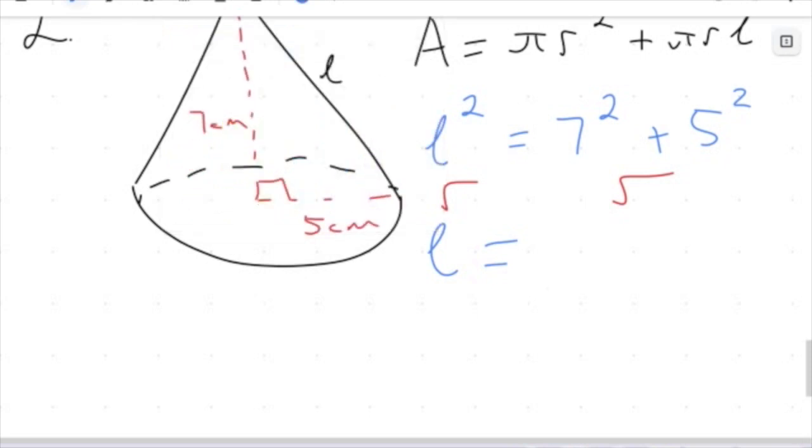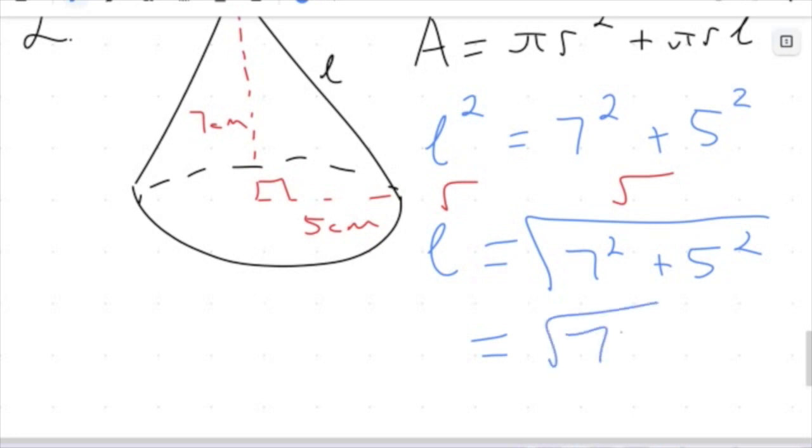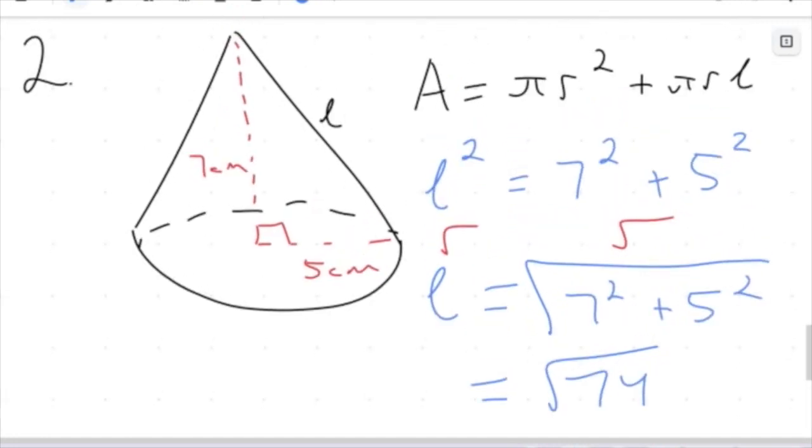And that is going to give me the square root of 7 squared plus 5 squared. And I'm just going to leave this as a surd, just a number under the square root, for accuracy purposes when I substitute in later. So I'm going to leave this as the square root of 74, which is 7 squared and 5 squared added together.